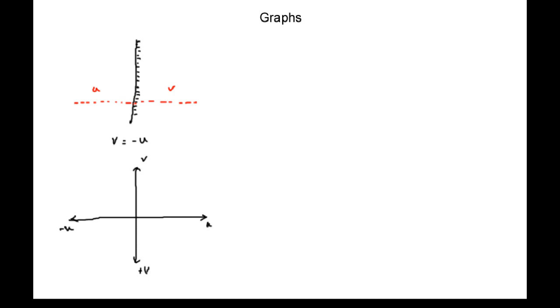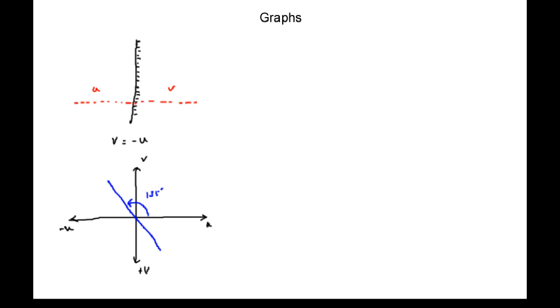You will see the graph to be like this. The angle between this is 135 degrees. V equals minus u. That's it. This is the u versus v graph for plane mirror.